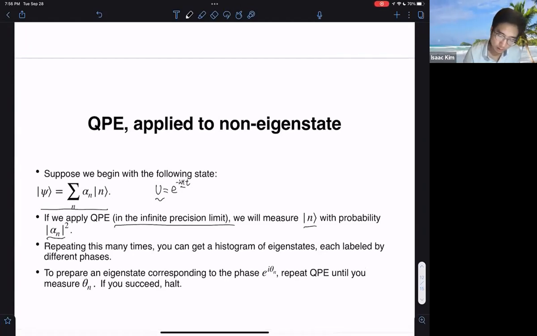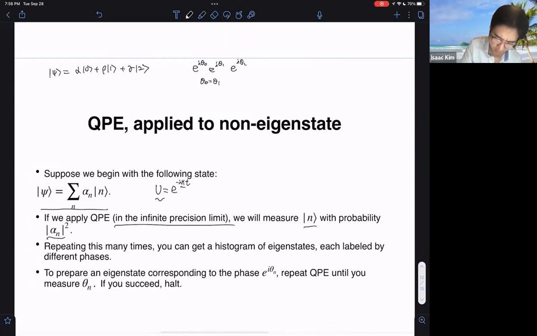Right, so this is actually an interesting question. Let me give a concrete example. Let's say we consider this example, and I will denote each eigenvalue as e to the i theta 0, theta 1, theta 2.